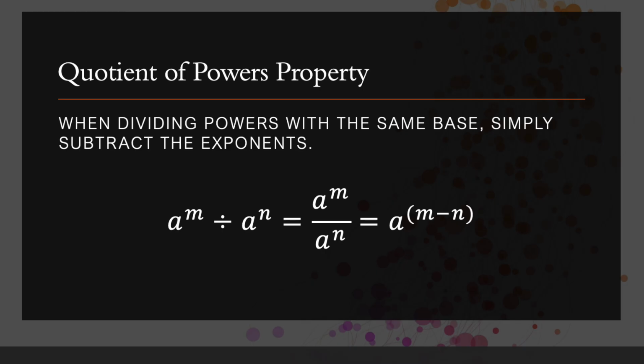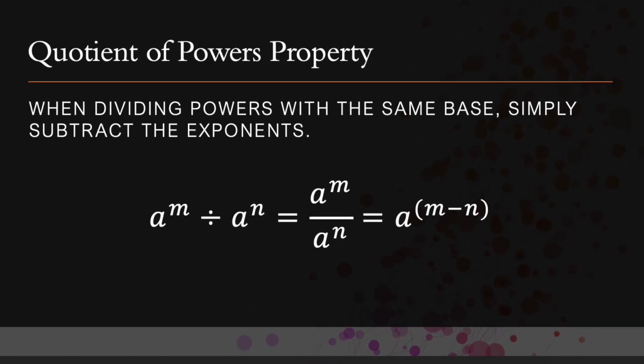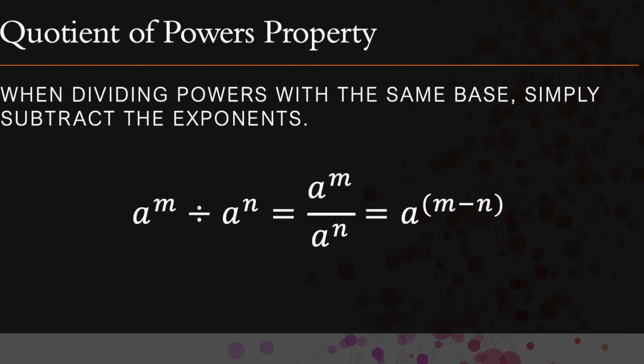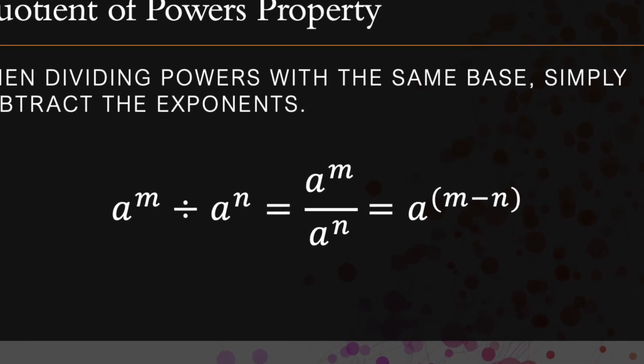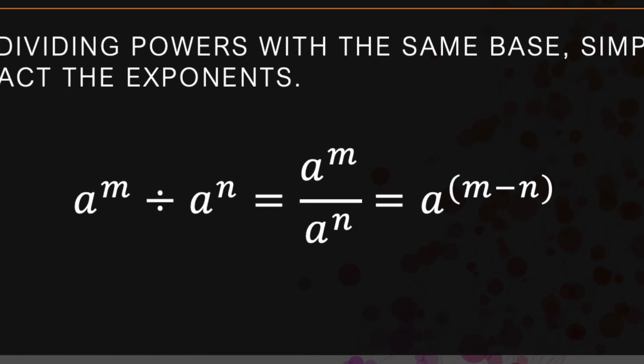In other words, any number a to the m power divided by any number a to the n power, so we have the same bases, simply becomes a to the m minus n power. And there you have it. There's the two properties in this section.